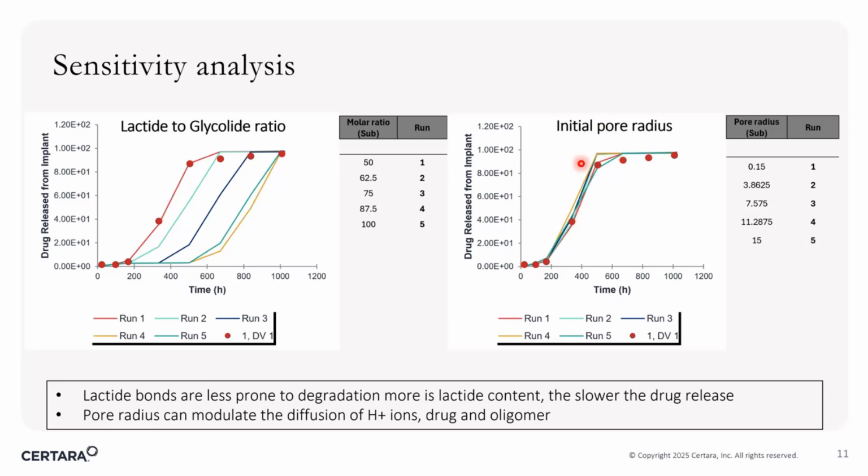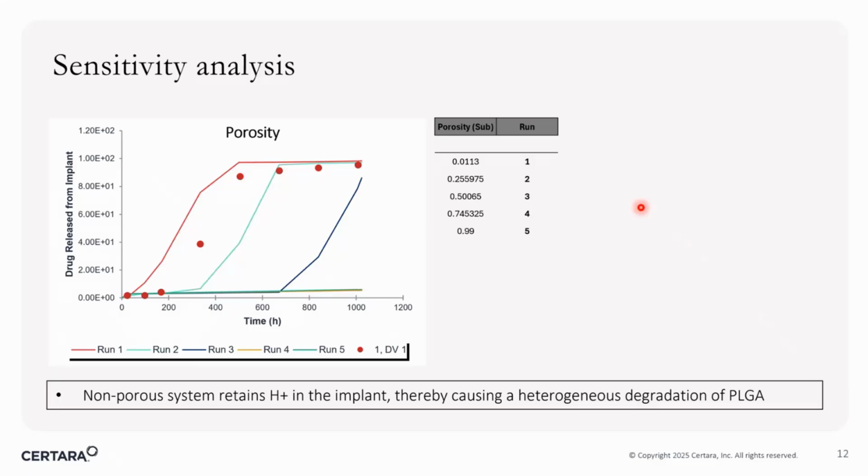As I said, this is the impact of pore radius for this particular simulation. Pore radius can impact the diffusion of H plus ion, diffusion of oligomers and drug. So this is the impact of porosity value. Again, the same logic applies here, the same logic as that of pore radius.